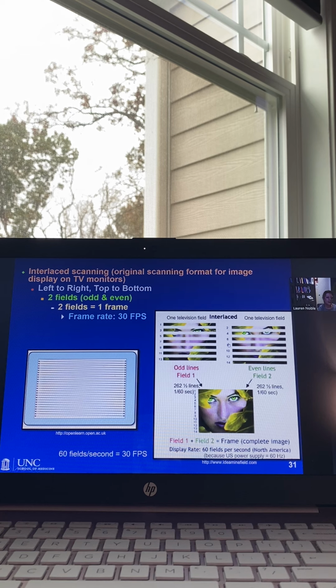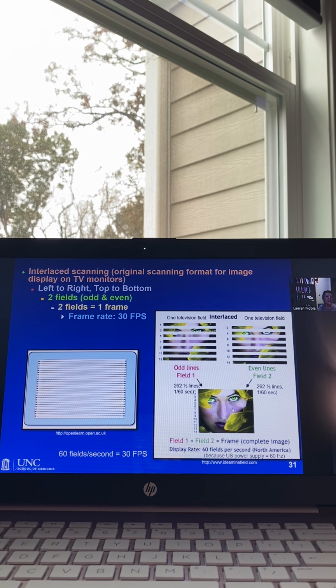But then this electron gun fires those electrons that it receives from the CCD, and it goes back to the top of the screen, and in a left to right pattern and top to bottom, it fills in the other lines. And so when those lines are put together, you end up with that entire image.